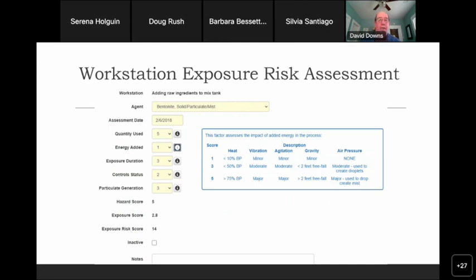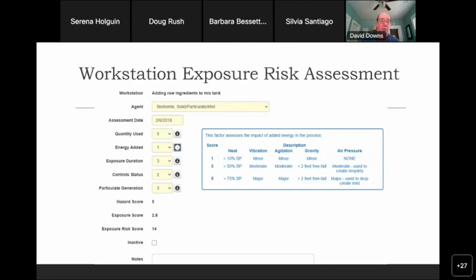This is the guidance to assigning the energy added component of the assessment. Each of those factors are then multiplied, or averaged, I should say, to get an exposure score. In this case, the exposure score is 2.8.